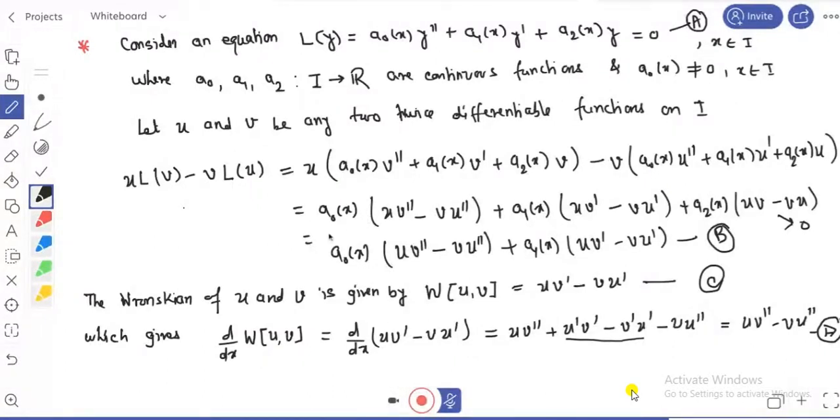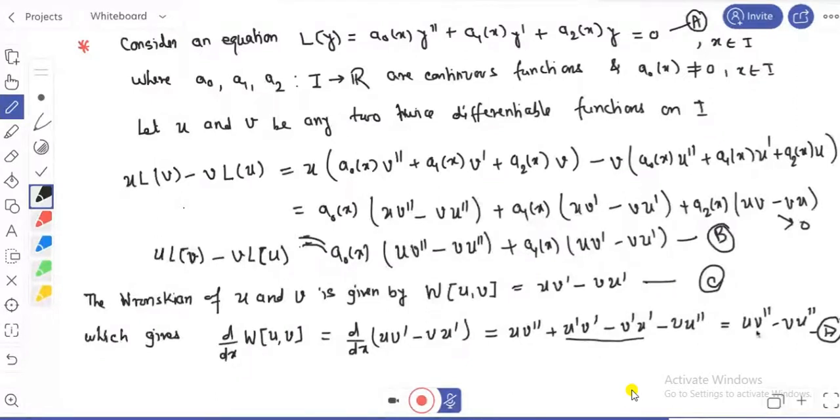From equation B, the left-hand side is u Lv minus v Lu, and this equals this term. What is the value of u v'' minus v u''?